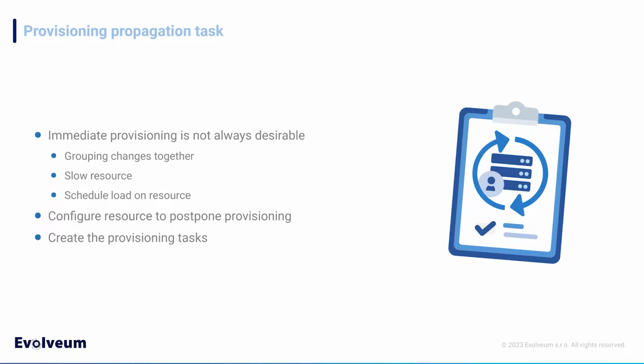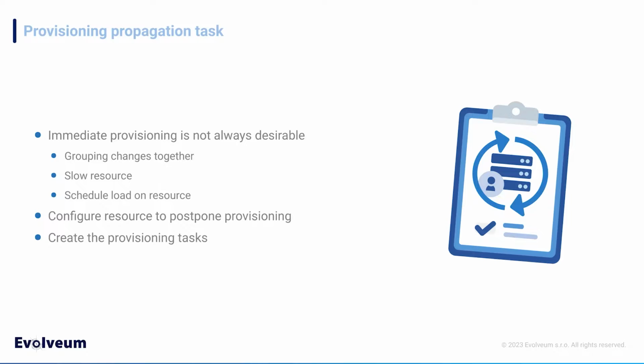So what you can do is group some changes together. You don't want to provision each individual change, but let's say provision every half an hour, just to group multiple changes together. Or your resource is too slow. For example, a slow outbound resource might slow down your imports, and you don't want that because it's just slowing everything down.